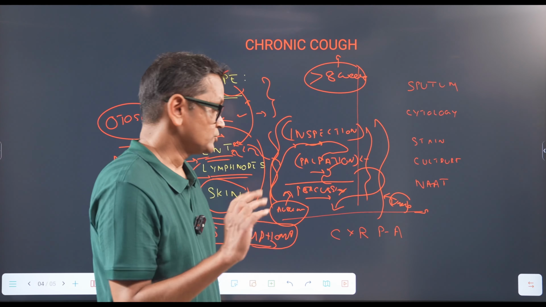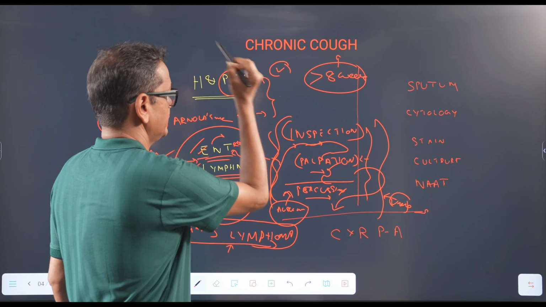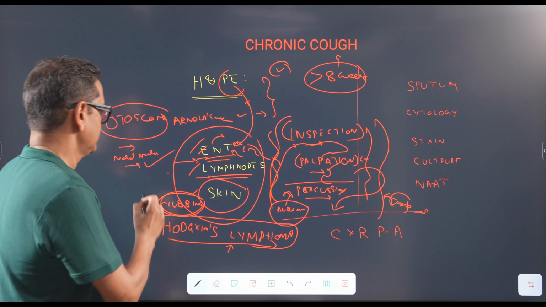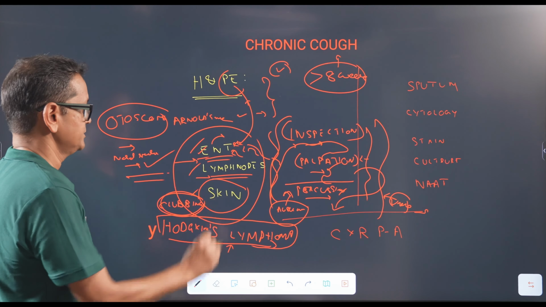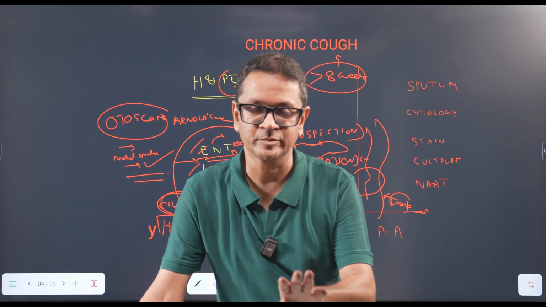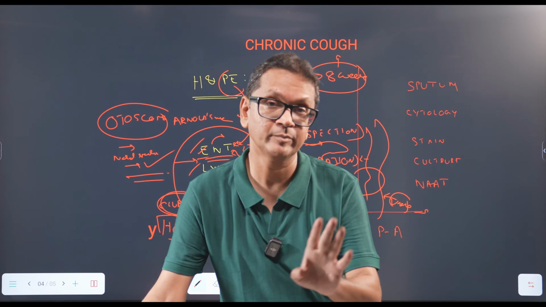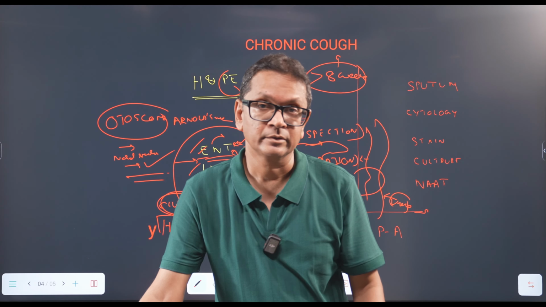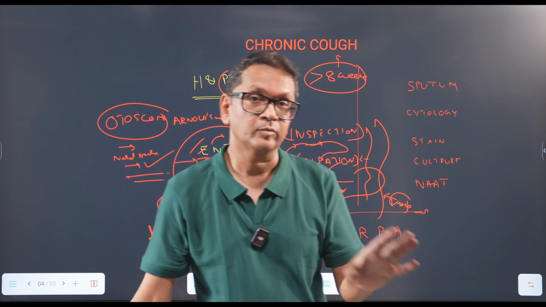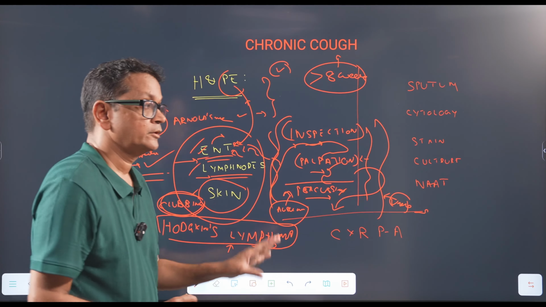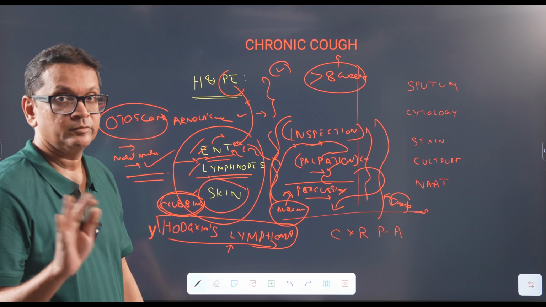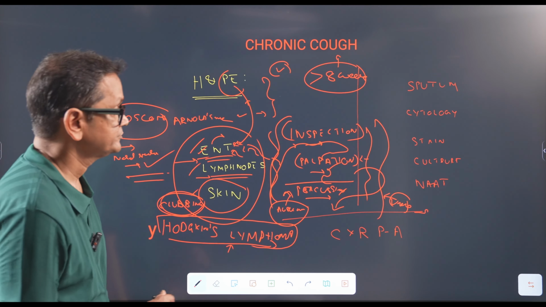As far as the current topic is concerned, our discussion is limited to chronic cough. So far, is it clear? History and physical examination, I repeat again, they are very important. As long as we are not applying what we have read to the patient, we are never going to be successful in our career.